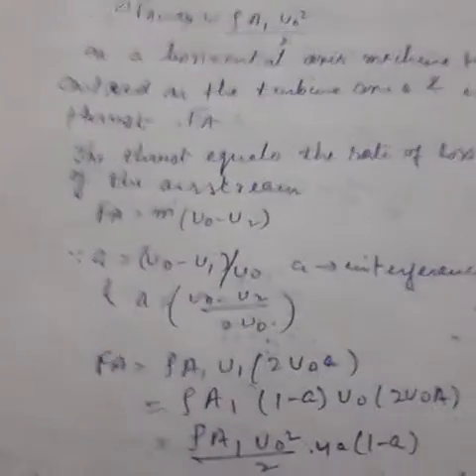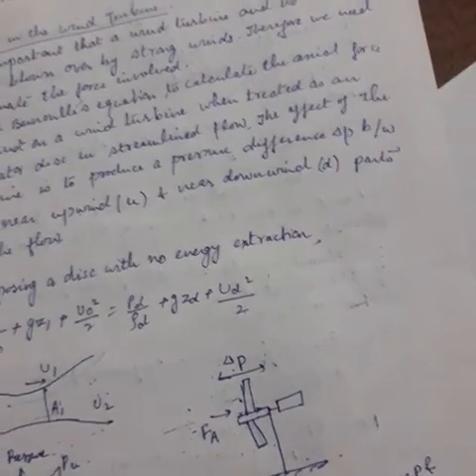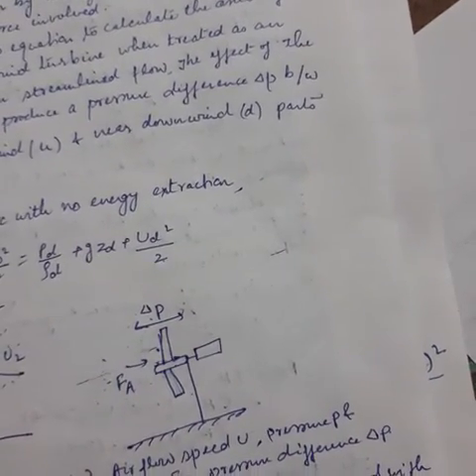So while we analyze the total axial force in the wind turbine, we analyze two main areas. One is the disk which rotates, and the analysis is based on the Bernoulli's equation principle.